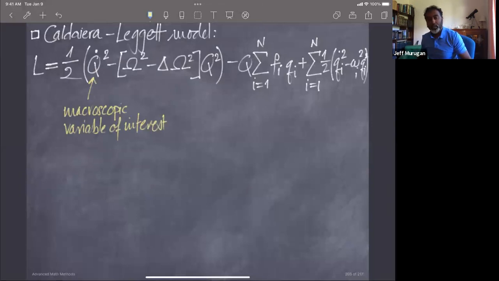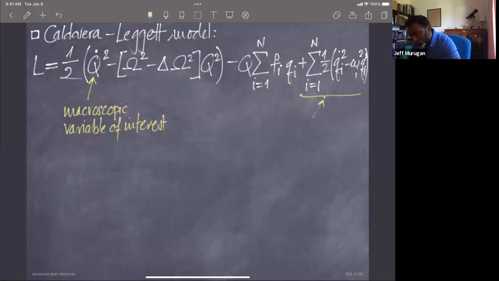This term here corresponds to a bath of harmonic oscillators. So we're taking this Q, and you should think of capital Q as something like a mass on a spring, and we're embedding it into, let's say, a bowl of honey, right?